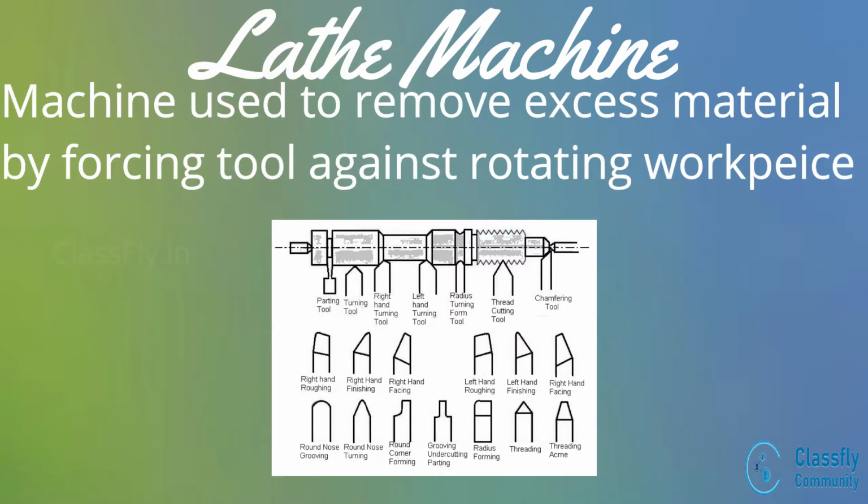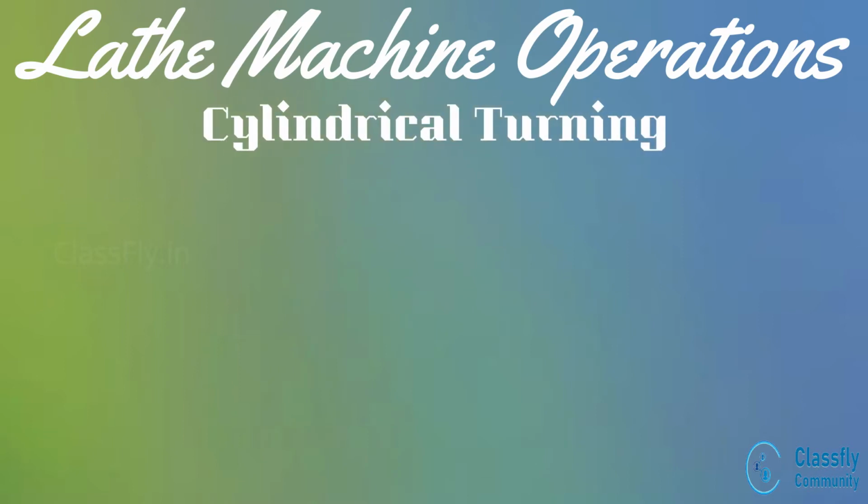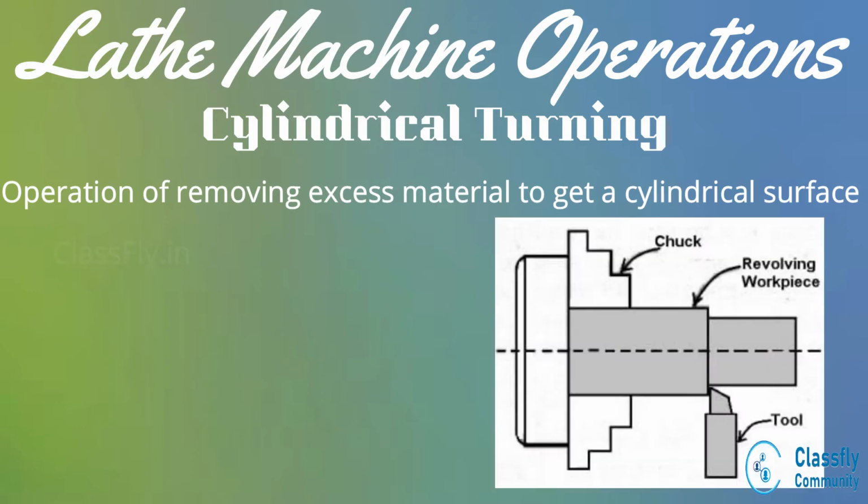Now, let us study some of the operations which are performed using the lathe. First, cylindrical turning. Well, this is the operation of removing excess material from the workpiece to produce a cylindrical surface. This operation is used to convert any shape of the workpiece into a perfect cylinder.